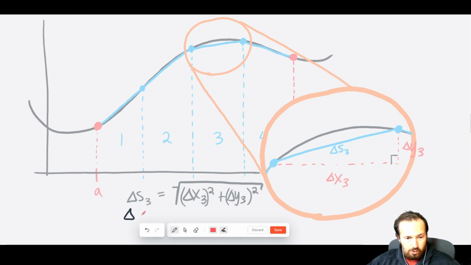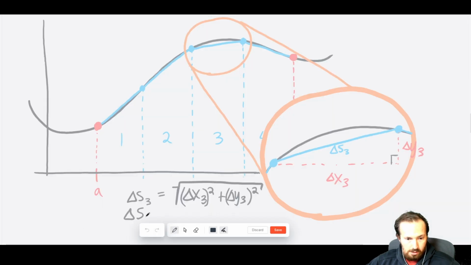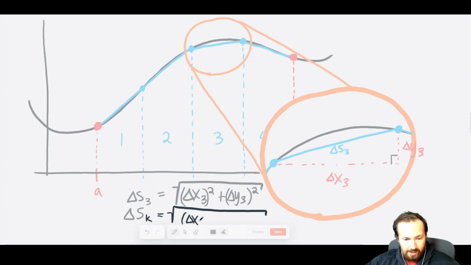Basically, this logic works for any partition. So if we're in the second partition, it'd be the same exact logic, just the second delta x, second delta y, and second delta s. So what you can do is say delta sk is equal to the square root of delta xk squared plus delta yk squared.